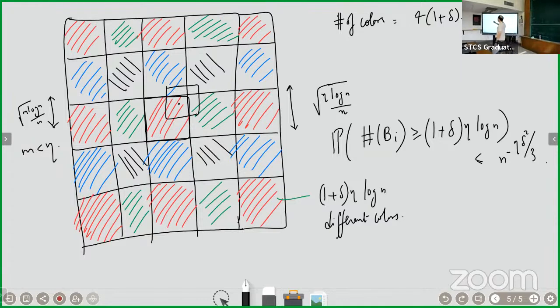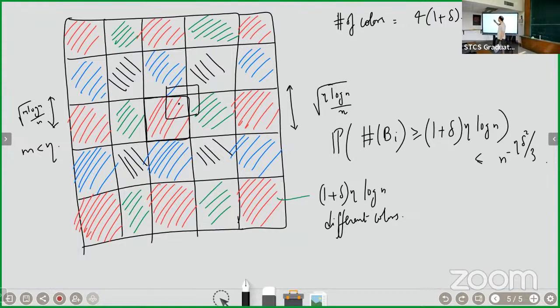Okay, so suppose I tell you that all points inside are connected. Why does it ensure connectivity? If every vertex has degree order log n, that's not sufficient. You have to give me a directed path to everybody.